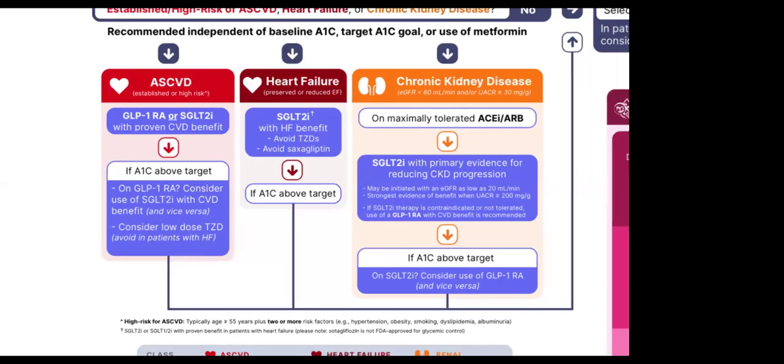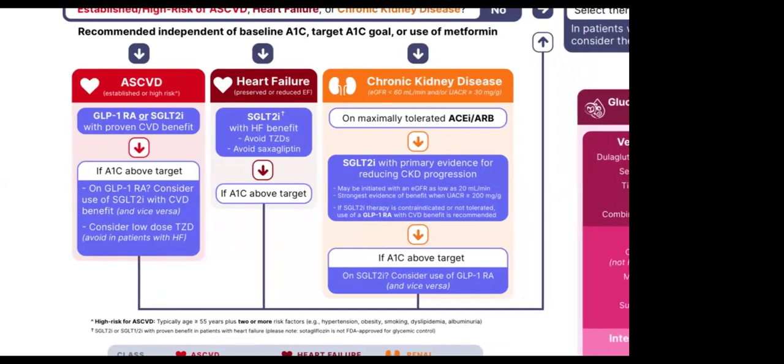In those with chronic kidney disease, again, SGLT2 inhibitors. These patients usually are either hypertensive, or even those who are not hypertensive, you find that they have proteinuria.